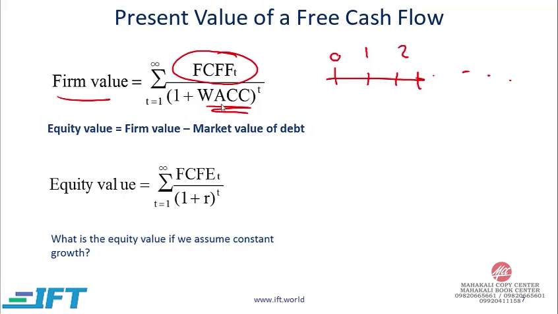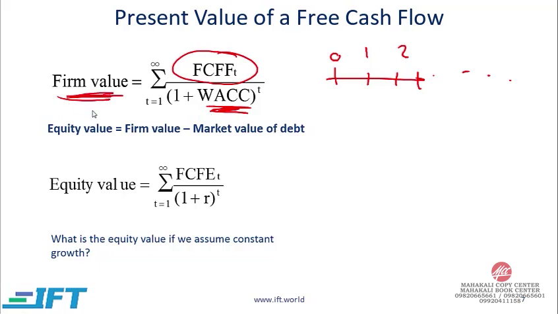What is the justification for discounting at the weighted average cost of capital? The answer is fairly straightforward. Since you are looking at the cash available to all providers of capital, you should also then discount at the rate associated with capital from all sources. So that is the weighted average cost of capital.